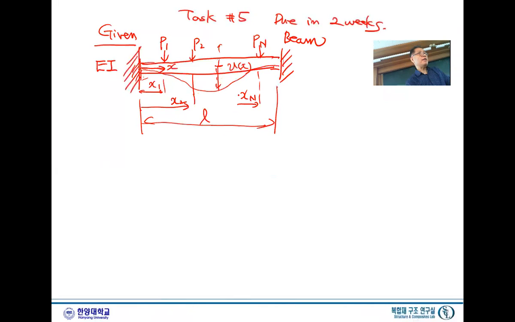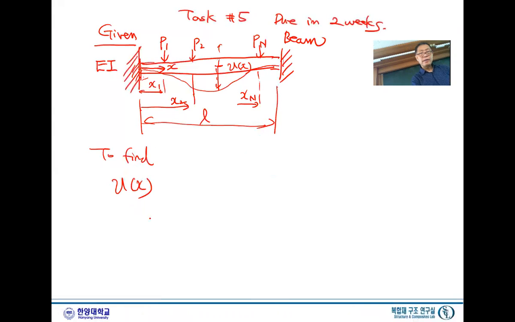And I'm sure you already learned about beam theory in Strength of Materials 1. But today I'm going to review all the beam theory, not in detail, but just an overview. But this will be another task for you. So to find v, the deflection, as a function of x.